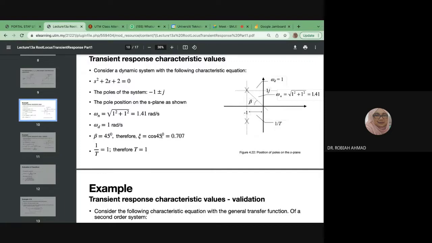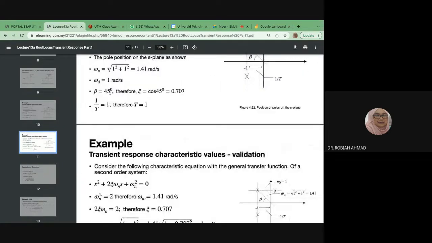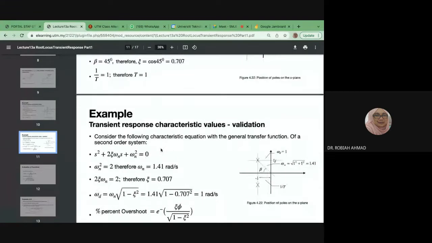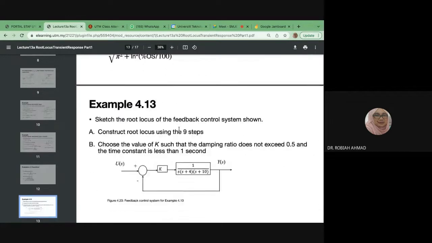Once we have the damping ratio, beta is inverse cos of the damping ratio. So we get the angle using the compass, or you can also calculate using the graph. So if the damping ratio is 0.5, what is the angle approximately? Try to calculate. Inverse cos.